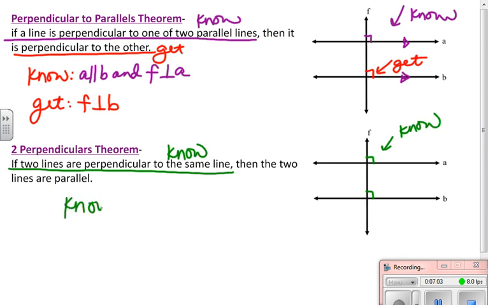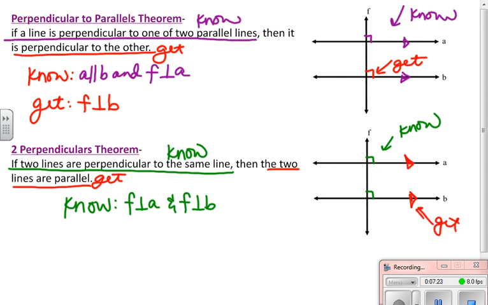I know F is perpendicular to A and F is perpendicular to B. I get that the two lines are parallel. So that's my conclusion: A is parallel to B. And that should make sense, and it'll make more sense after section 2, because these two angles are both 90 and they're equal. Good luck on your homework.